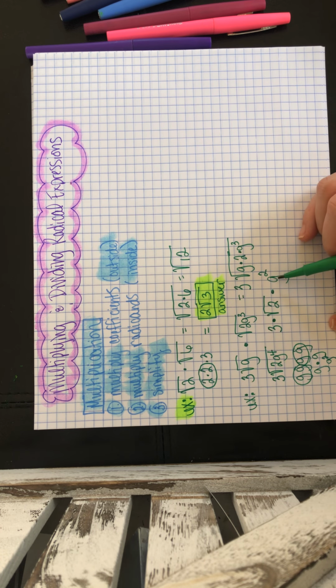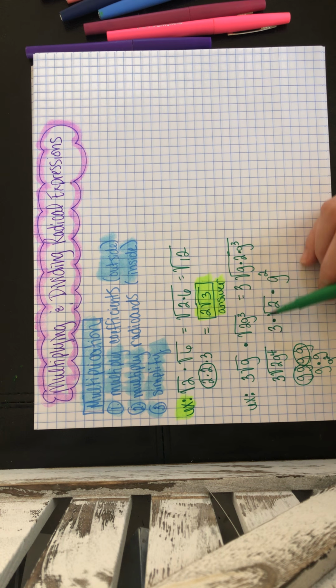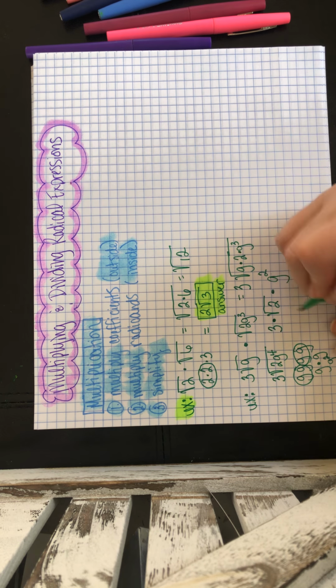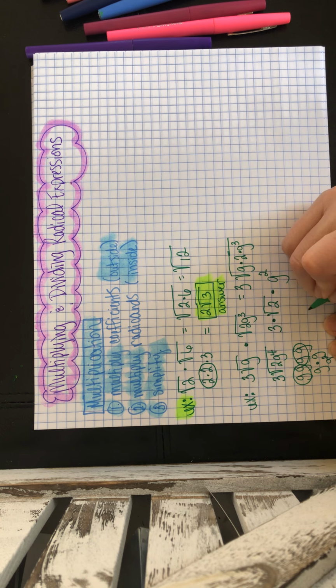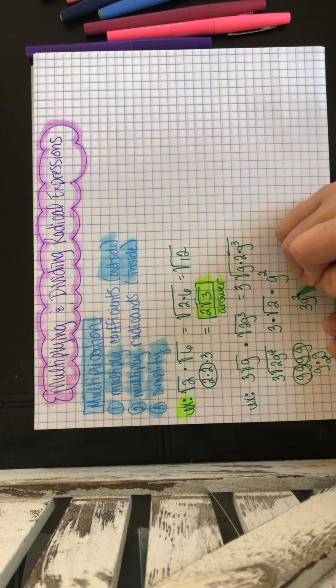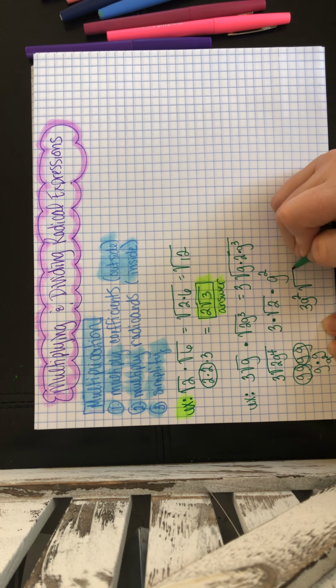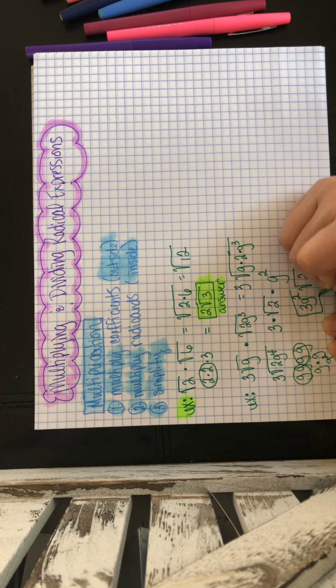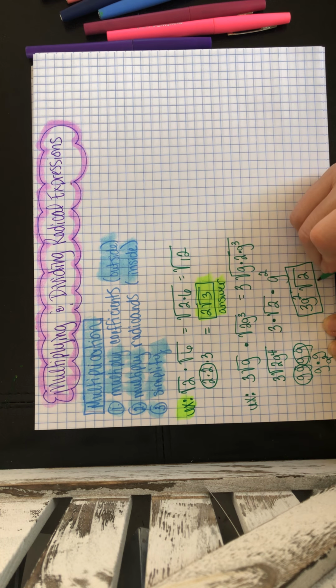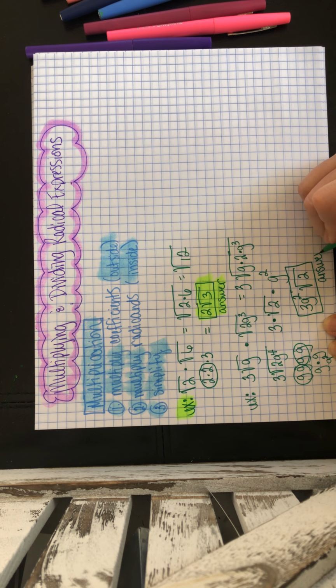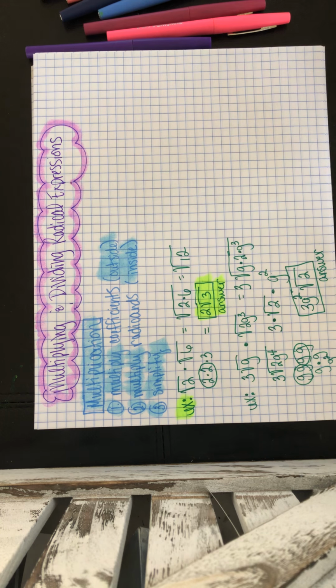So now, because this does not have a radical symbol and this does not have a radical symbol, I'm going to multiply those together. So 3 times g to the 2nd gives us 3g to the 2nd times the square root of 2. And that is going to be your final answer. So you multiply outside, multiply inside, and then you are going to simplify.